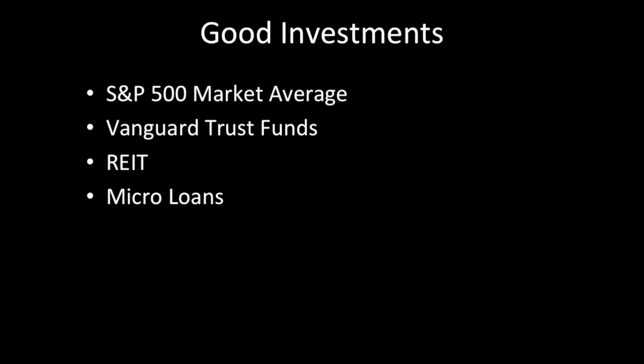Now the next one, in a similar vein, is Vanguard trust funds. These are like the S&P 500, but Vanguard has broken down the market into different market sectors. They even have trust funds for China, Asia, and other countries as well. They build trust funds, but they do it specifically focused on a category or a geographical location.